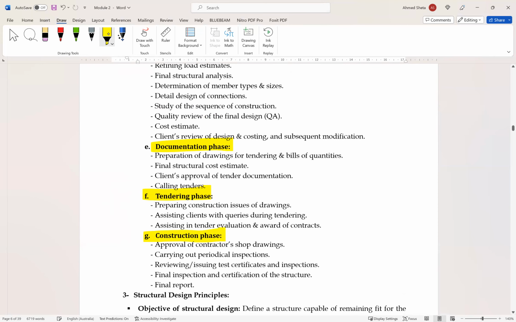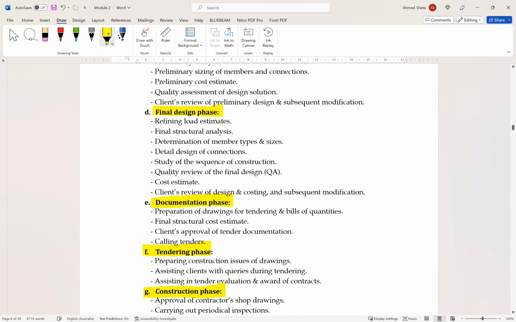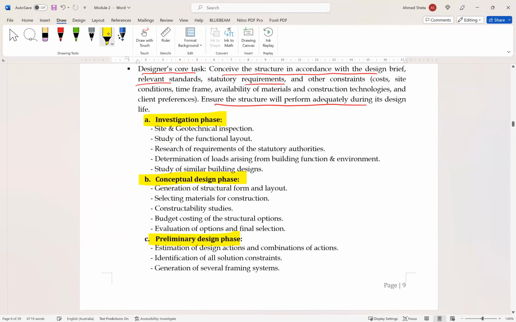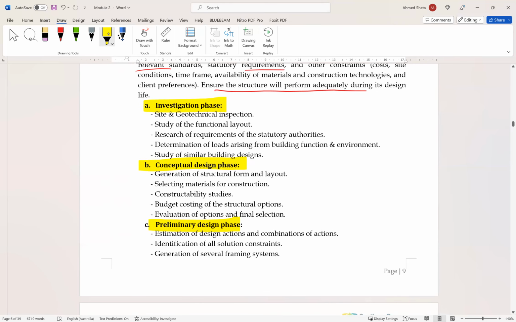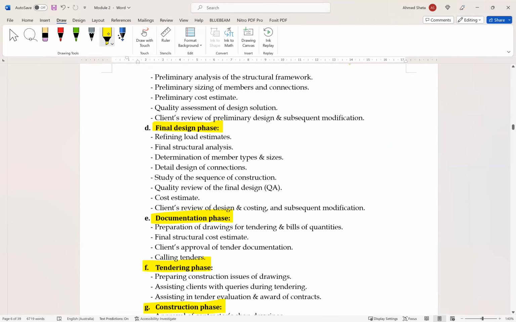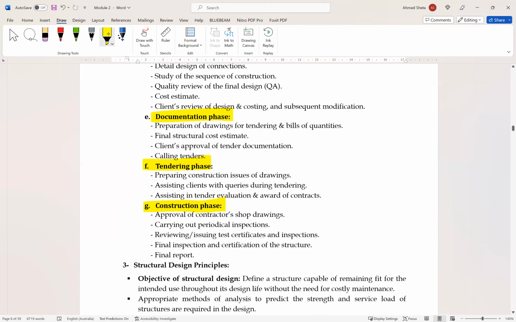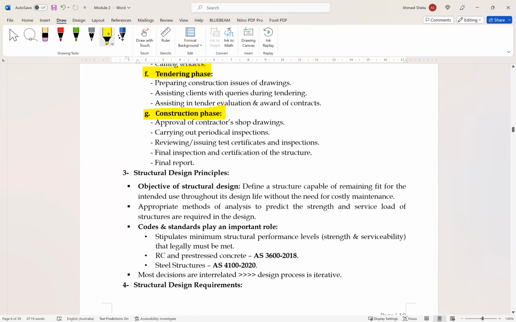So please go through these phases and let me know if you have any questions.